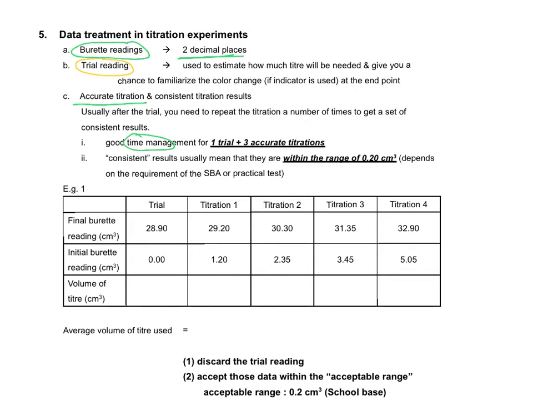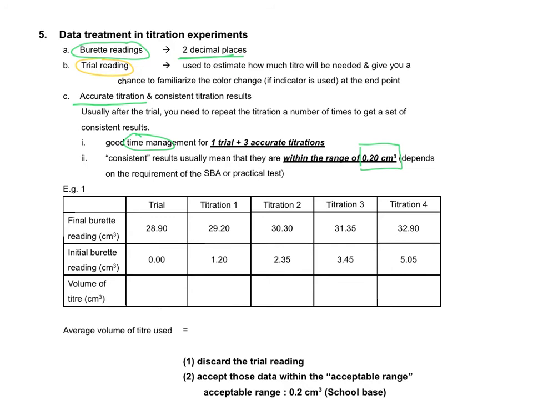During the practical test or SBA, we will only accept accurate titration readings if the volume of titrant used is within our acceptable range. The acceptable range is usually 0.2 cm³. That means the maximum volume of titrants and the minimum volume of titrants from your accurate titrations should not differ by more than 0.2 cm³, and this is a school-based requirement.